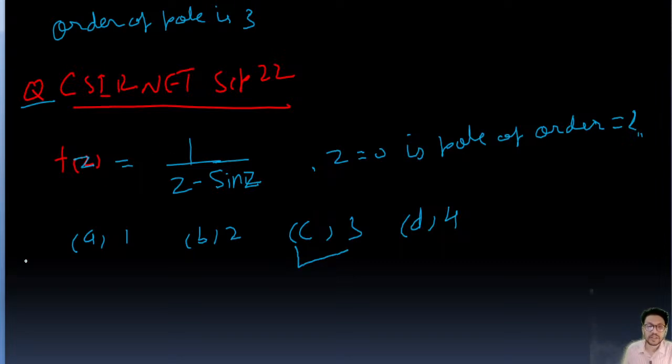Next, essential singularity, guys. In essential singularity, the principal part, meaning the negative powers of z, will have an infinite number of terms.